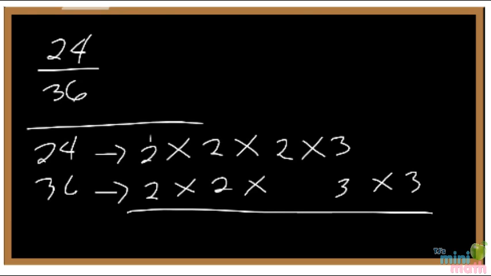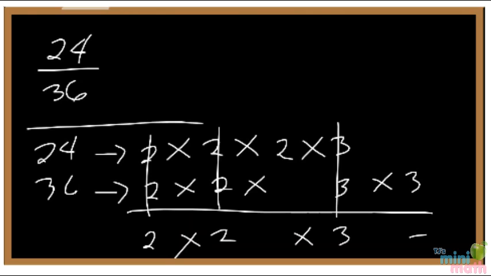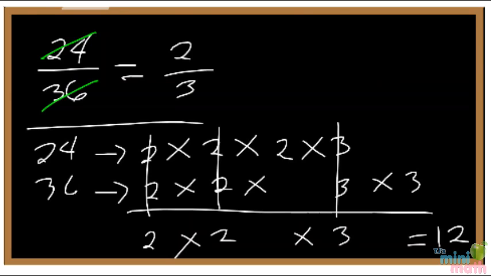Then we are going to bring down the common factors. Okay, so you have 2 times 2 times 3. So the GCF is 12. We are going to divide 24 and 36 by 12. 24 divided by 12 is equal to 2, and 36 divided by 12 is equal to 3. Okay, so 2/3 is already the lowest term of 24 over 36.